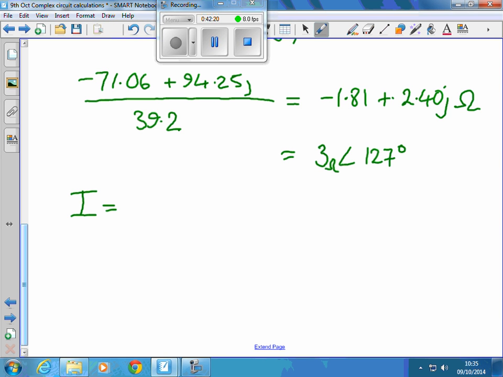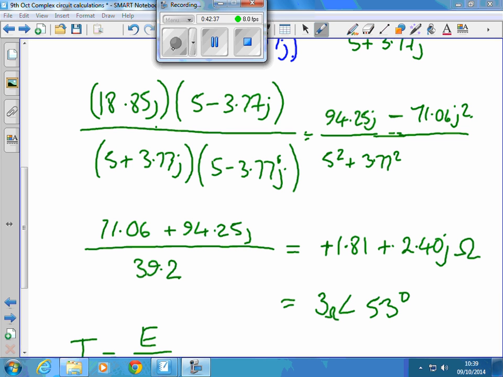So now we're looking for our current. E divided by Z. So do that in complex form and find out what the current is in this circuit. So for the benefit of the video, we've gone wrong up here. That was a positive sign in here. This is negative 71, meaning when it comes down here as positive, we end up with a plus 1.81 plus 2.40J.